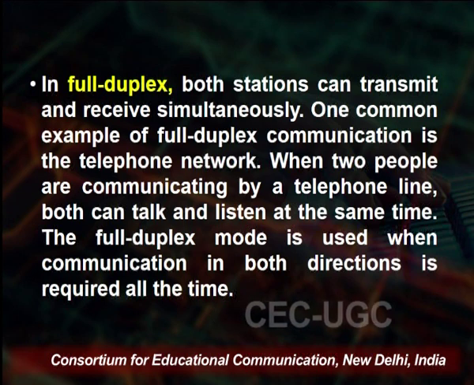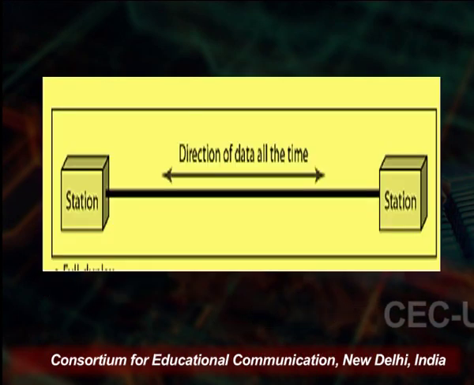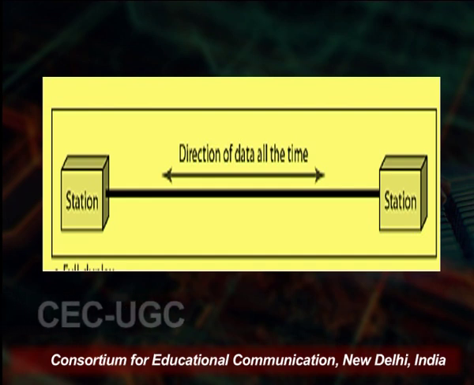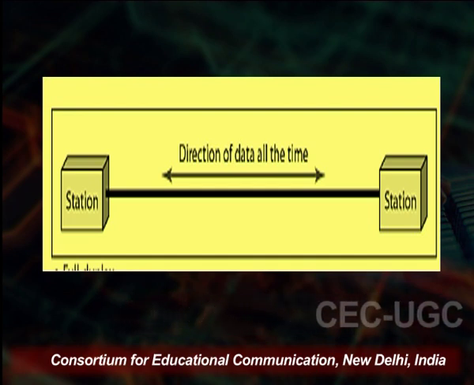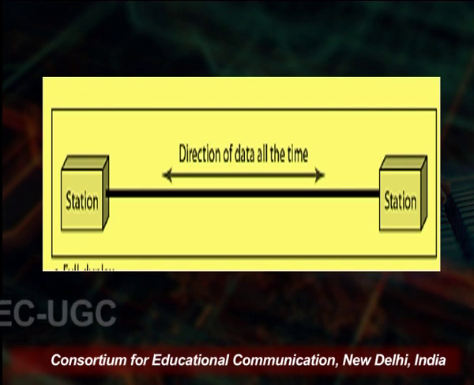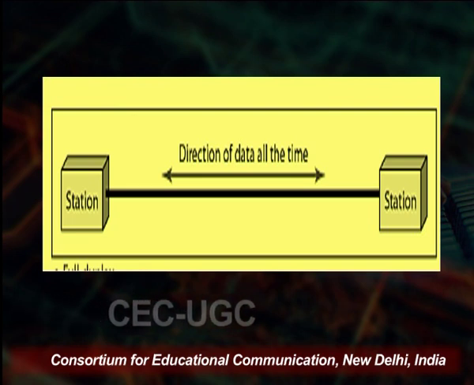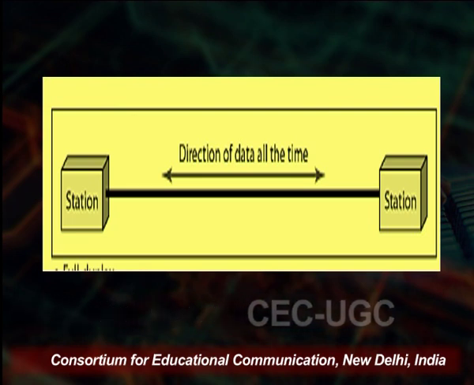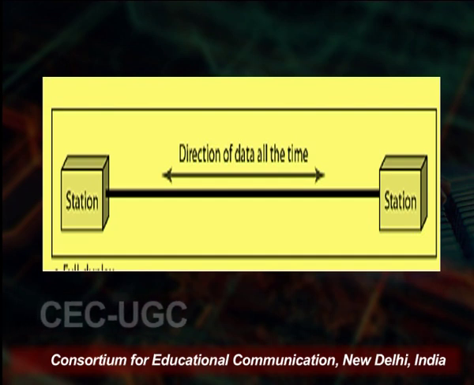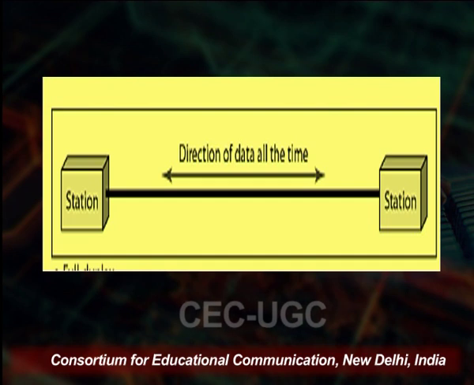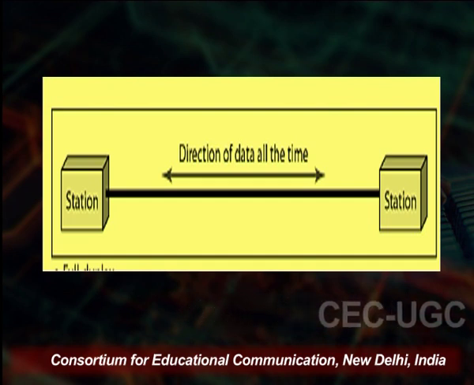So, three modes we have seen, and this is a very simple block diagram of full duplex communication, in which you can see the direction of data can be all the time from station 1 to station 2, or vice versa, from station 2 to station 1, and this can happen simultaneously also. Simplex communication mode says the data will travel as if on a one-way street.